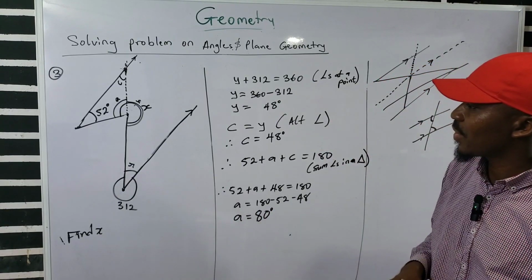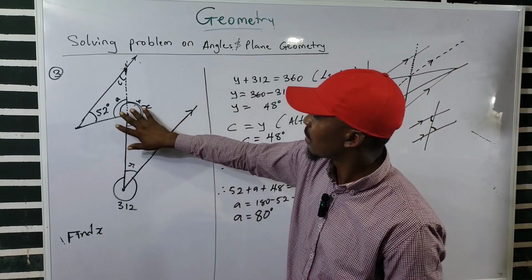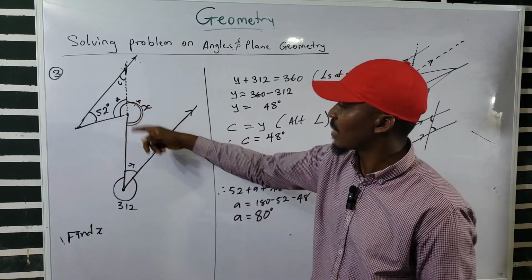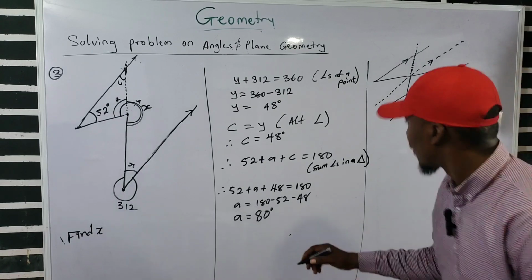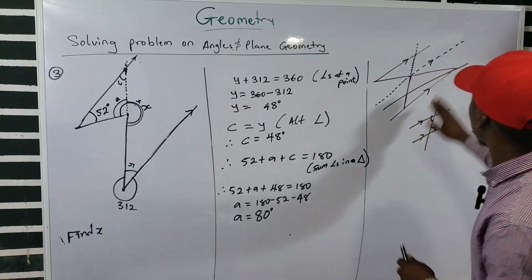So if I have A equals 80, I don't need to solve for B because you can already see that B is 180. That's sum of angles on a straight line. Okay, so let's clean this part.